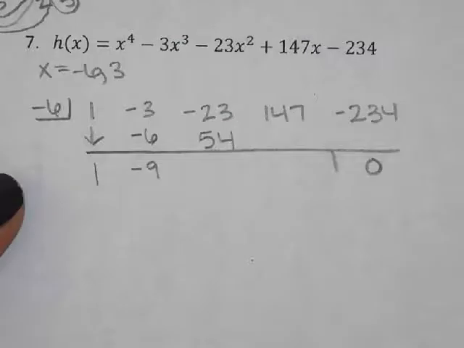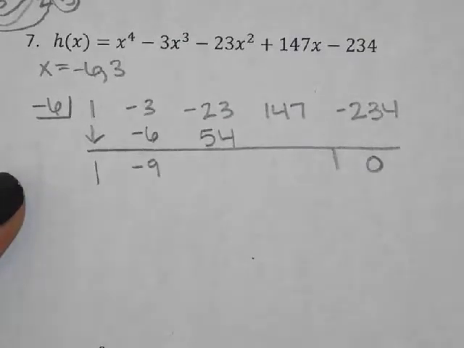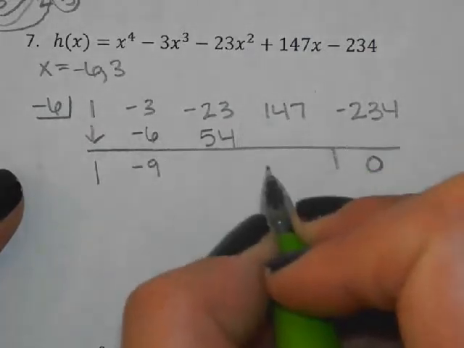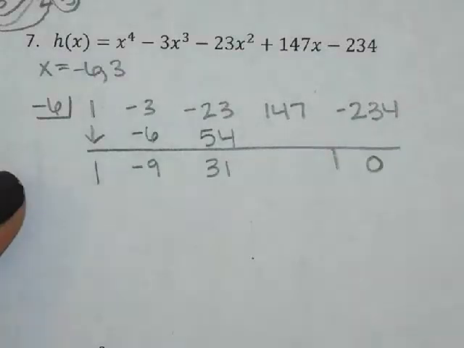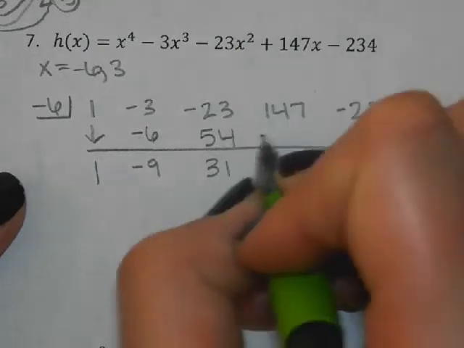Because a negative times a negative makes a positive. And then -23 plus 54 is 31. And then 31 times -6 is -186.